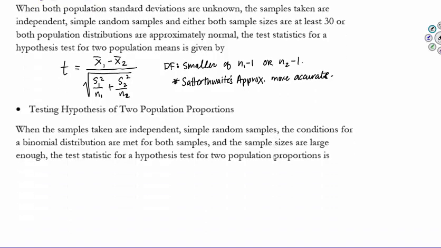When we are testing proportions, everything with proportions is approximately normal, so in this case it's a z-distribution.